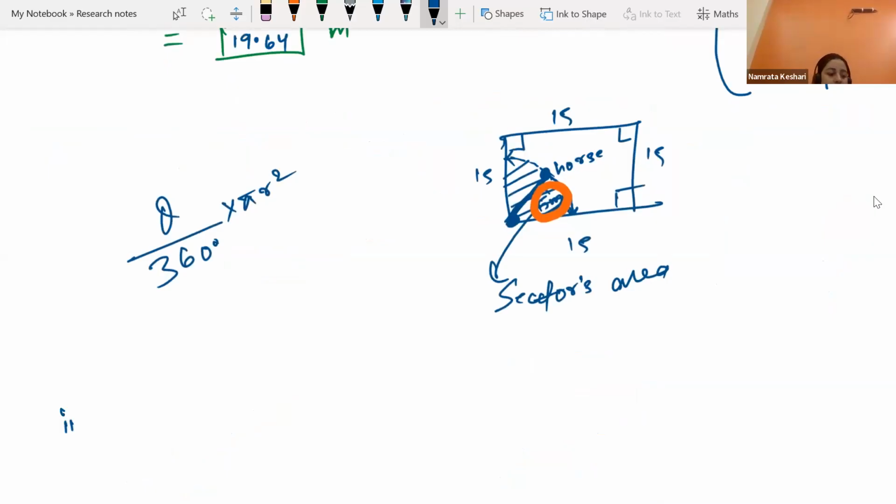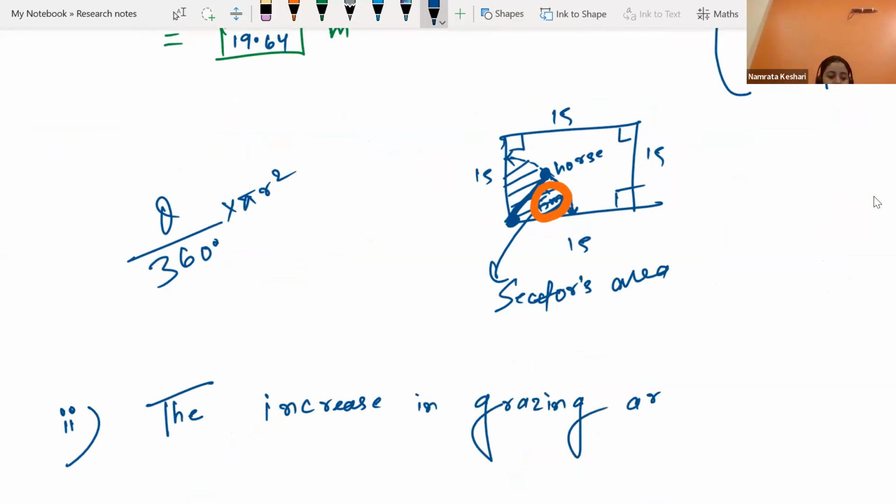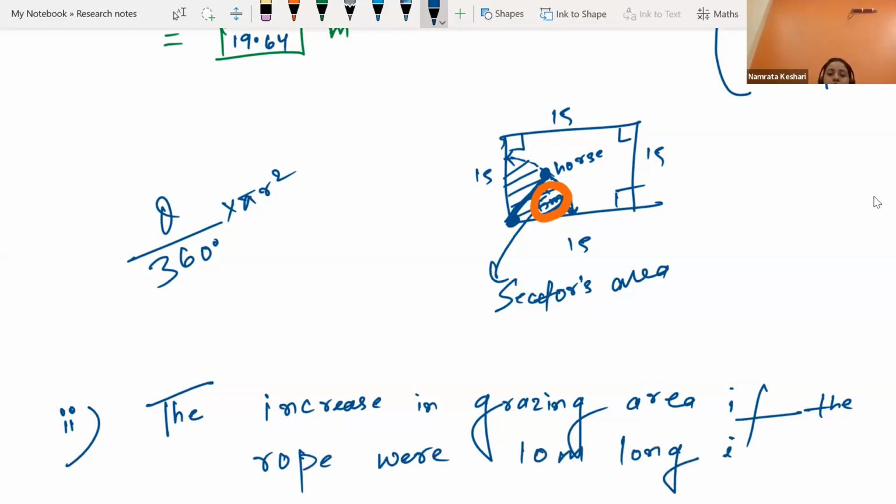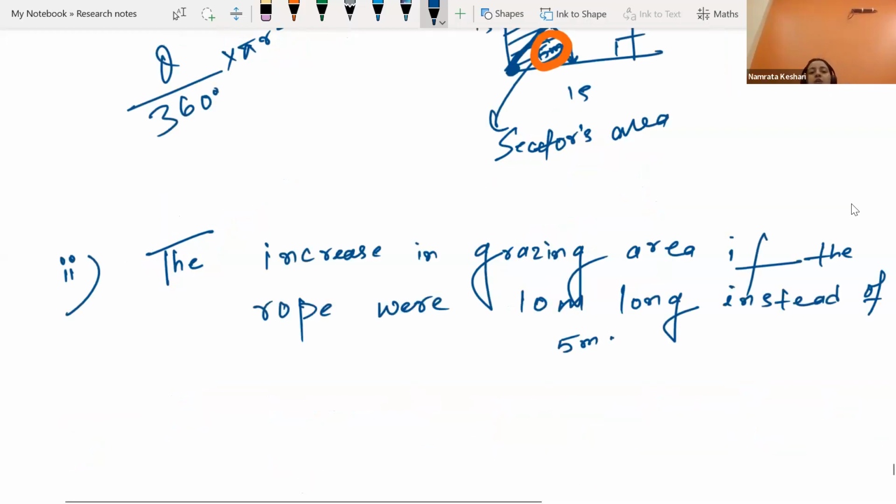The next part says we have to find the increase in grazing area if the rope were 10 meters long instead of 5 meters.